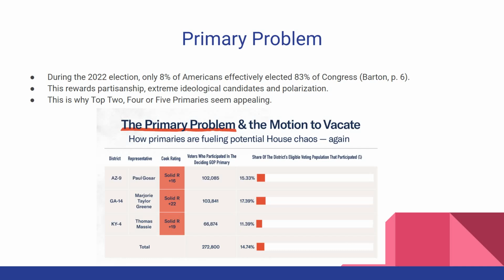And a lot of those elections effectively end up electing 83% of our Congress, which thus increases political extremism and creates a more dysfunctional, unrepresentative, unresponsive, and unaccountable government, which allows the extremes to dominate the conversation. And this is true for Democrats as well, if you're either a Republican or a Democrat.